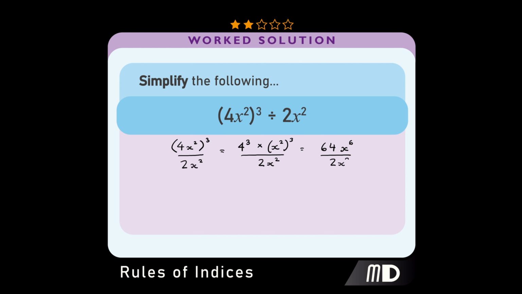So the numerator can be rewritten as 64 multiplied by x to the power of 6. And the denominator is still 2x squared.